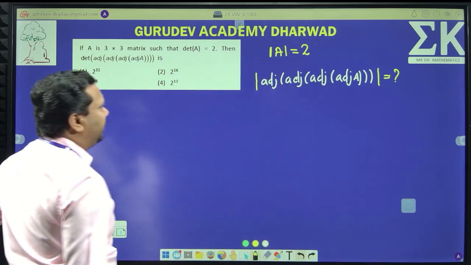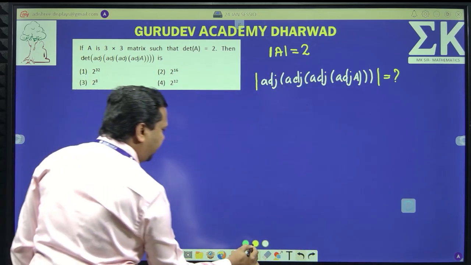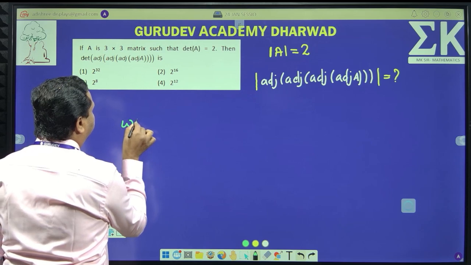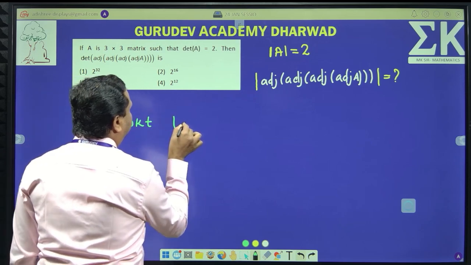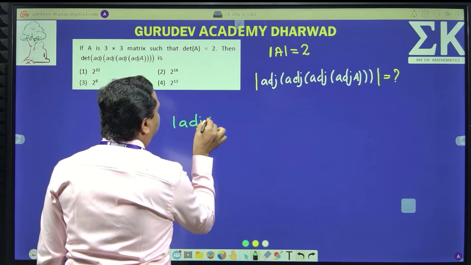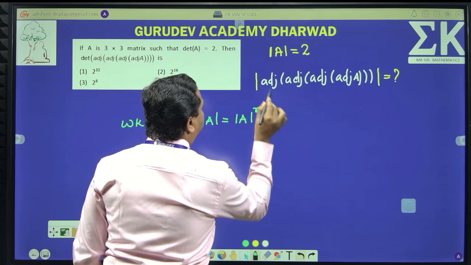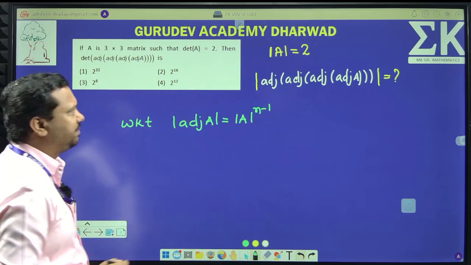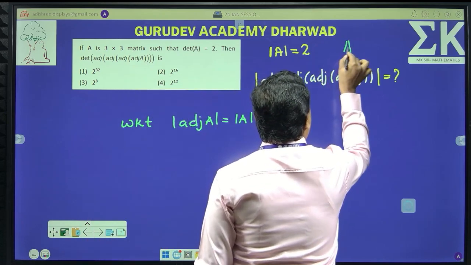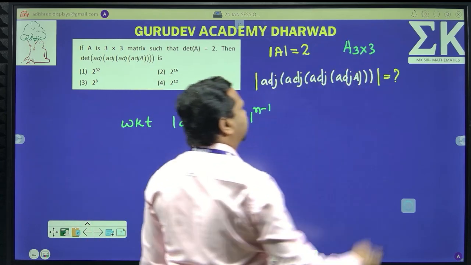And we know that the determinant of adjoint of A is determinant of A to the power n minus 1, where n defines the order of the matrix. See that here A is a 3 cross 3 matrix, isn't it?